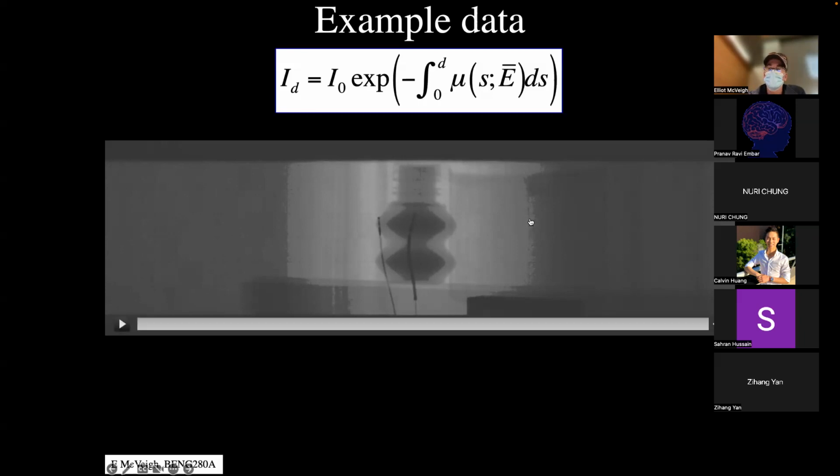In the background where you have air, you get a lot of photons, right? It's a bright number. Here you get a low number. Out here, you get a dark number because there's a thing called a bow tie filter, which is a structure that is very thin in the middle and gets thicker as it goes away from the middle. That eliminates photons on the outer edges of the object, specifically in those regions in a human that you're not that interested in imaging.